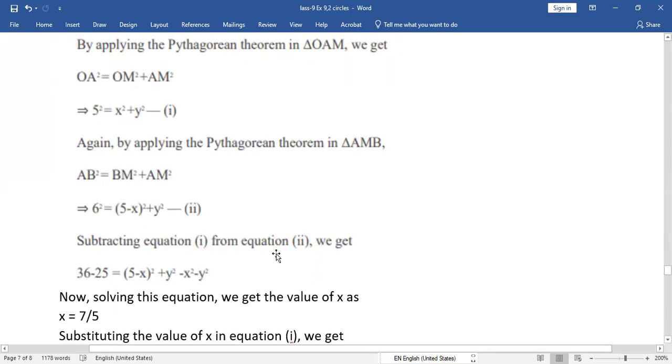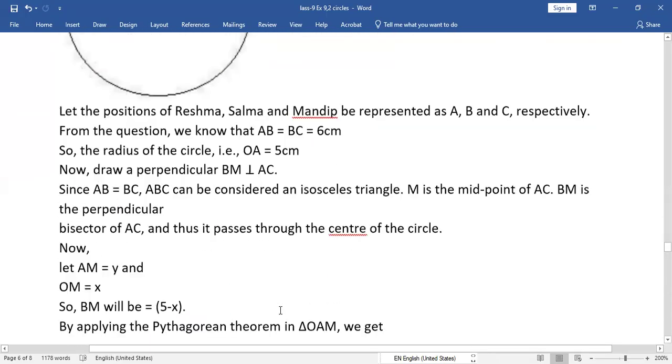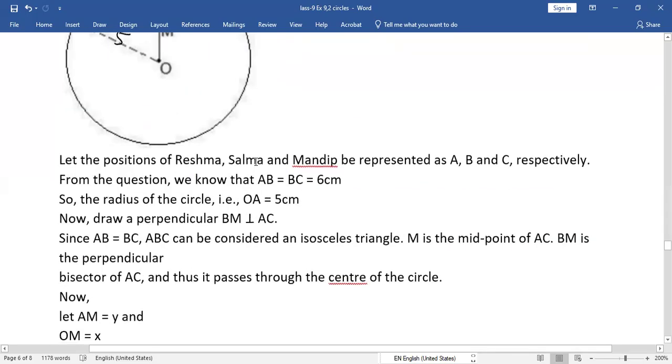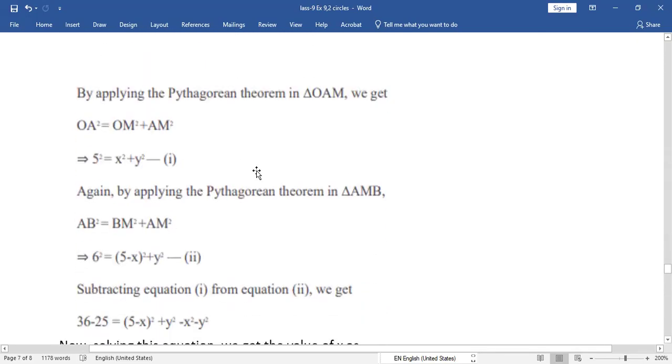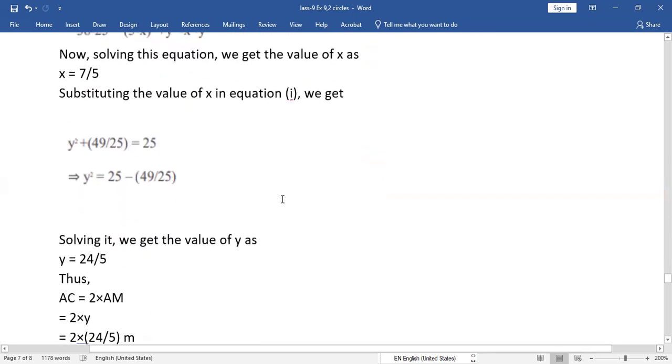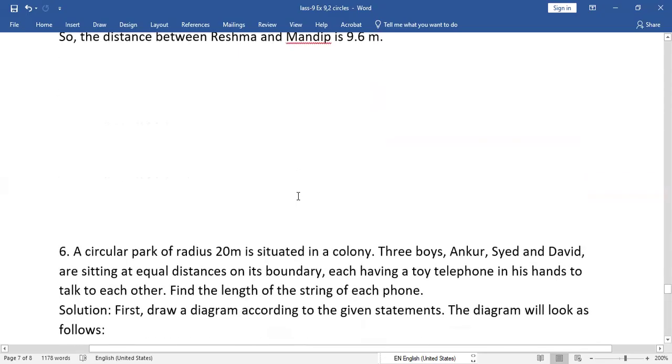Y is equal to m square plus am square, equals c square. We are taking the triangle OAM. AB square, anyway, we substitute like this. We are getting the distance as 10.6.